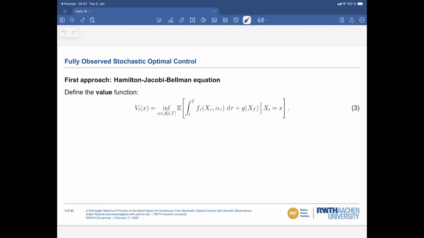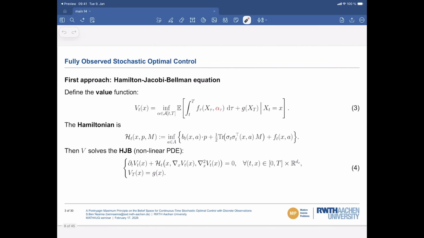So what you have given this HJB equation is a nonlinear PDE that solves for this value function for all times and all x's.